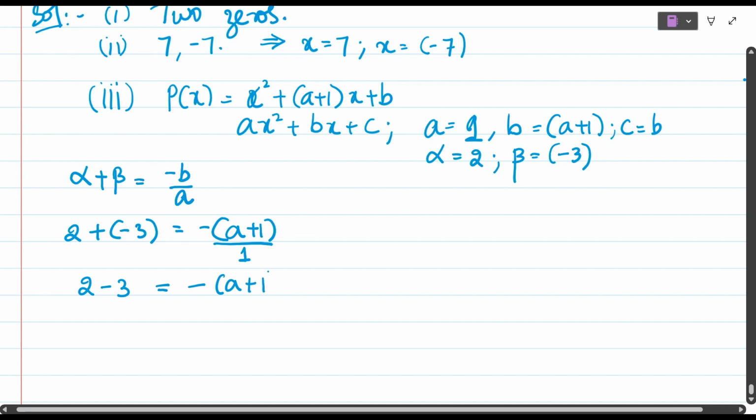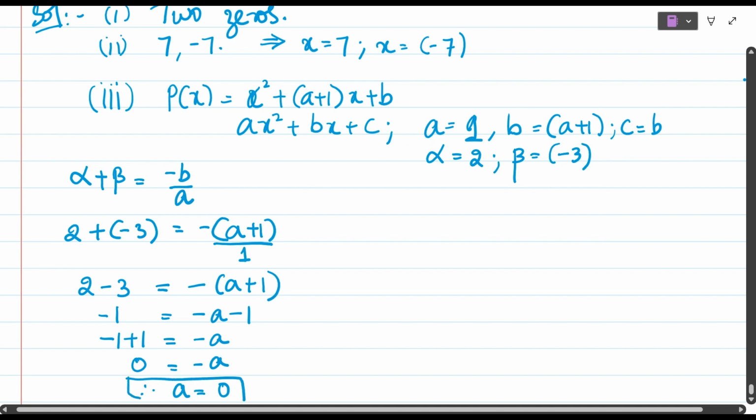So 2 minus 3 is minus 1. That is equal to minus a minus 1. Now transpose this minus 1 to the LHS side. It becomes plus 1. So this is 0, that is equal to minus a. And therefore, the value of a is 0.